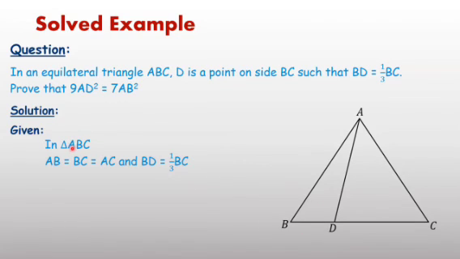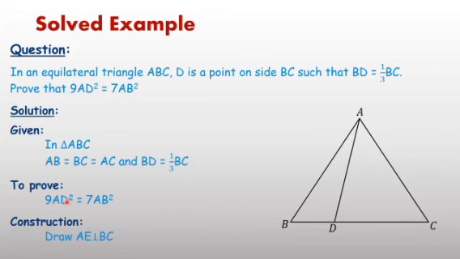Means in triangle ABC, if it is an equilateral triangle, all three sides are equal, means AB equals BC equals AC, and BD equals 1 upon 3 BC. We have to prove 9 AD square equals 7 AB square. Construction: draw AE perpendicular to BC.